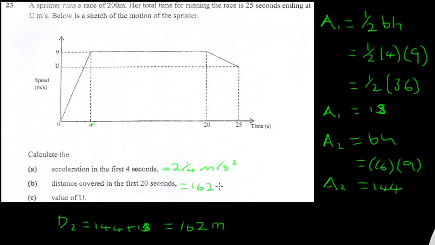So the total distance covered is 162 meters, right?